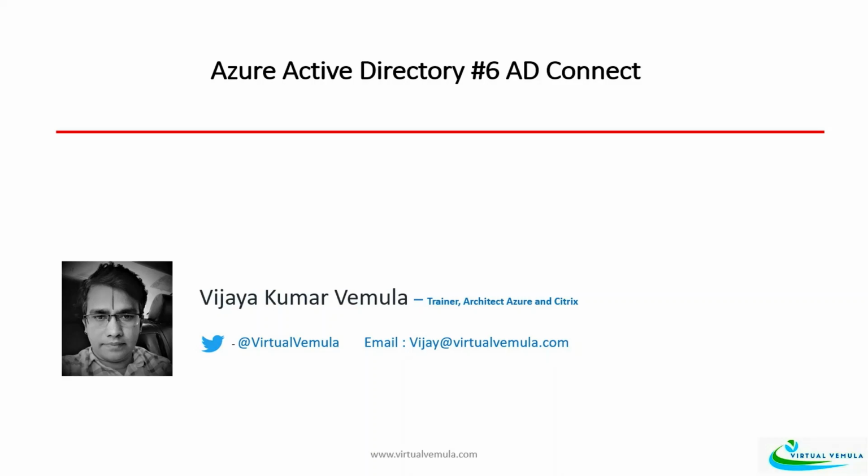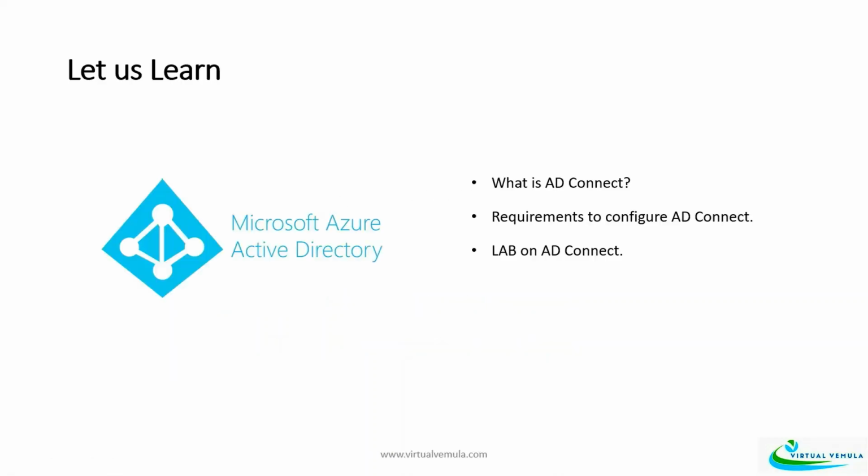So in this video, we are going to talk about what AD Connect is, the requirements to configure AD Connect in the environment, and then how we set up AD Connect in the environment. These are the topics that we are going to cover. Without waiting further, let us get into discussion.